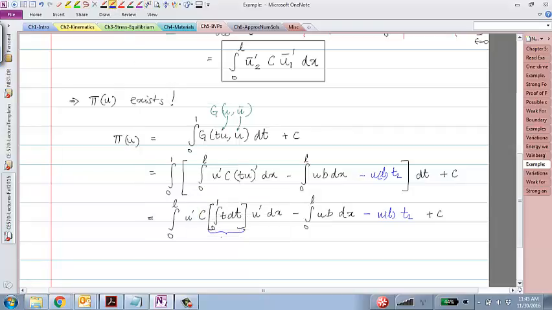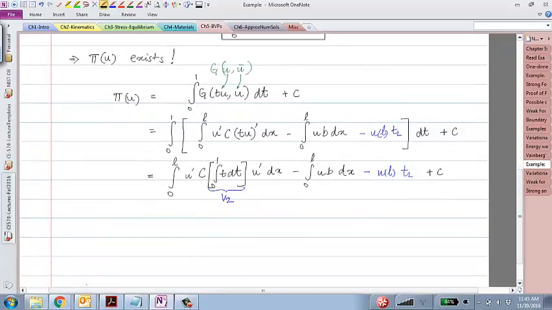So what we get is that this value is half, which means that pi u, according to the Weinberg theorem, is equal to half the integral 0 to L of u prime c u prime dx, minus the integral 0 to L of u b dx, and minus ul TL, and plus some constant.